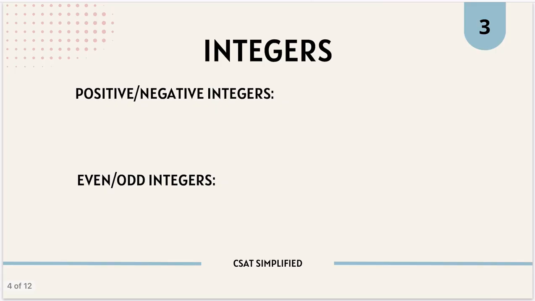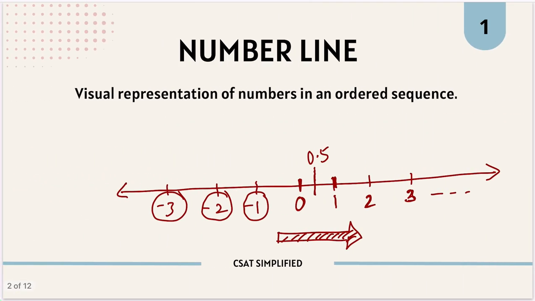Now moving on, talking about integers. I need to go back to the number line again. Just focus for 1 second on all the non-decimal numbers. So like 0, 1, 2, 3, -1, -2, -3. All these non-decimal numbers are integers, right?